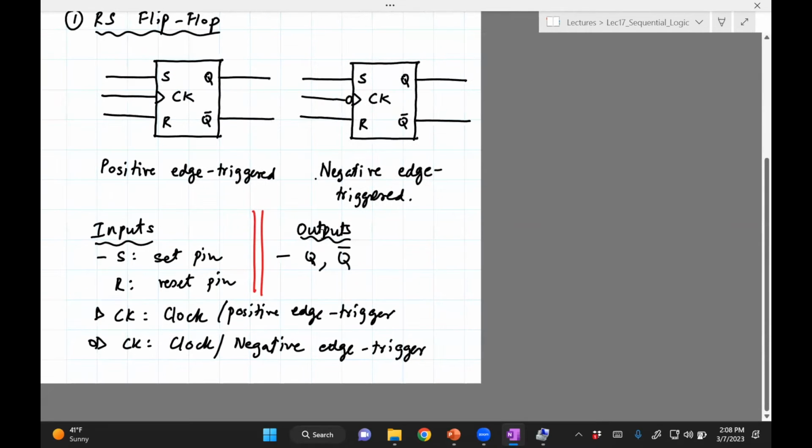Okay, now that we have the circuit symbol and we have written down the pins, so 3 inputs, 2 outputs, we can draw a truth table for this. So I'll do that next. In fact, there are 2 aspects to a flip-flop.